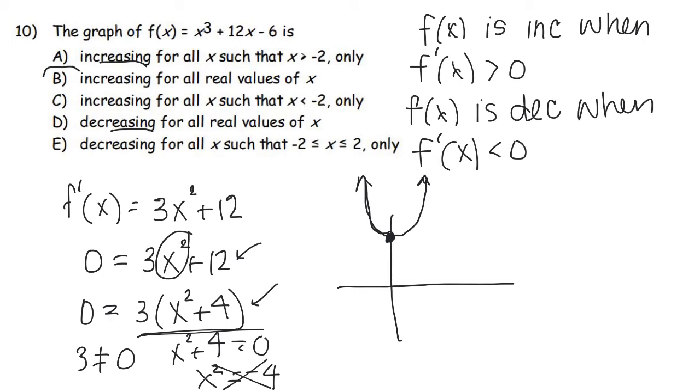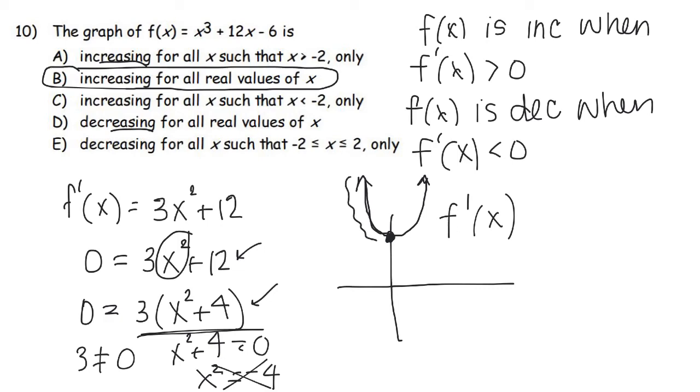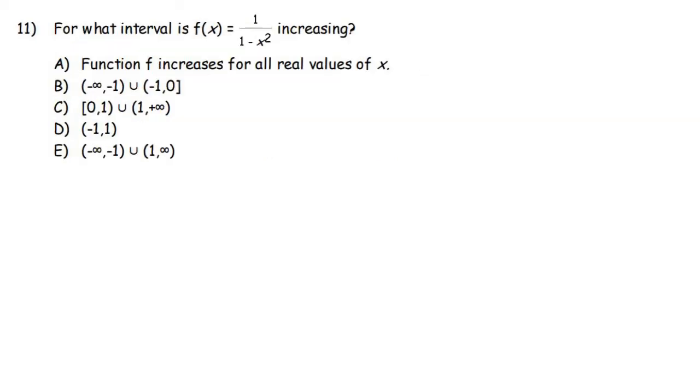So the answer is going to be B. Wow, that's going to be B, because this is the graph of the derivative. Don't be tempted to grab this side over here and say, but it's decreasing. The derivative's decreasing, but all of this is still above the x-axis, so it is still positive. That's a strange one. Good problem.